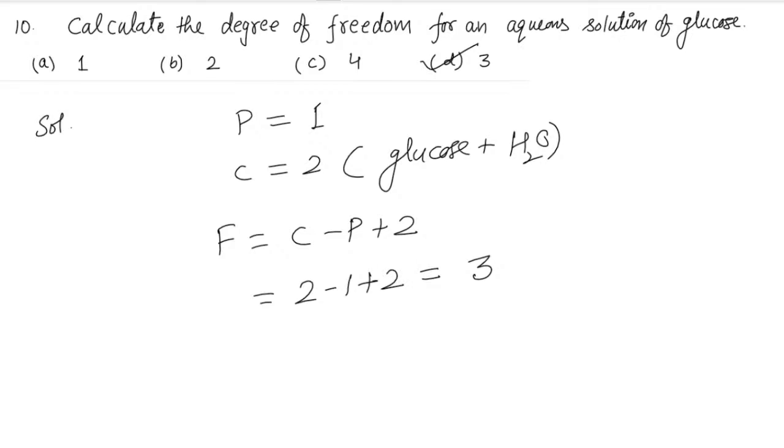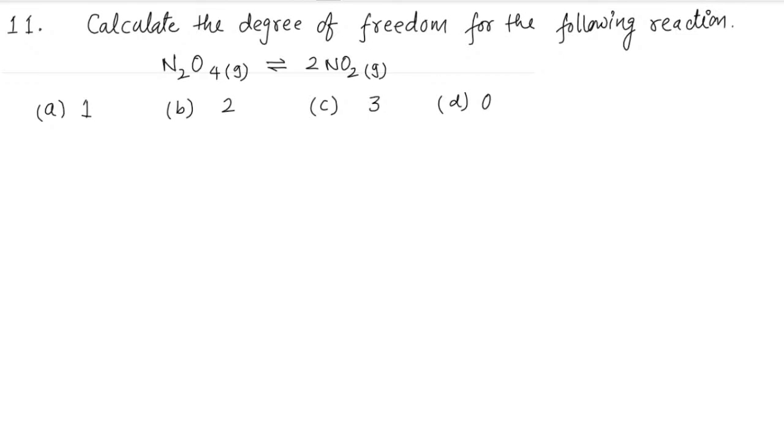Now question number 11. Calculate the degree of freedom of the following reaction. So how many phases are there? Phase is only one because gas is there. N2O4 gas, NO2 gas. Components. How many components are there?